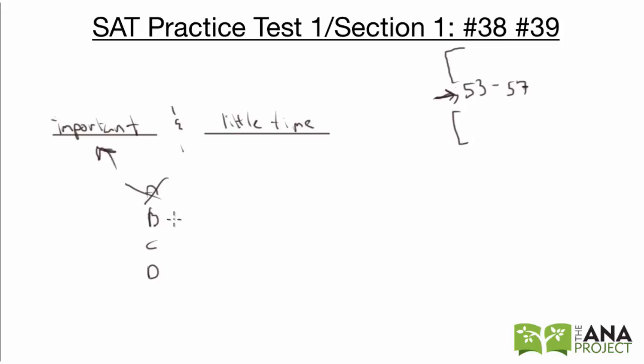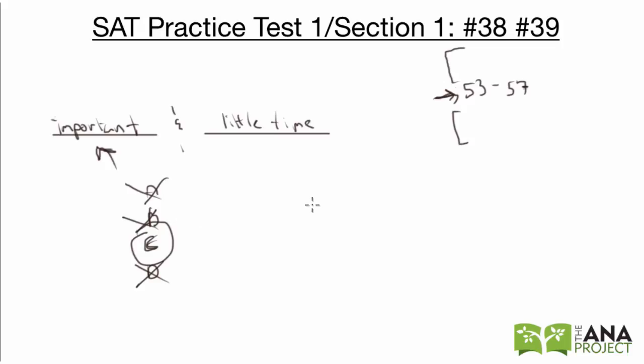No, we said important and little time. How about D, provocative and mysterious? Well, mysterious doesn't mean little time, and provocative doesn't mean important. So we're left with C. Momentous, a momentous occasion, an important occasion, and pressing, meaning there's not a lot of time. So C is the correct answer for 38.